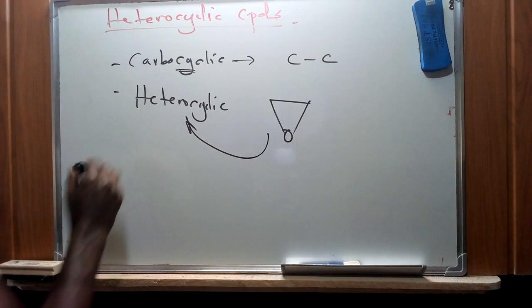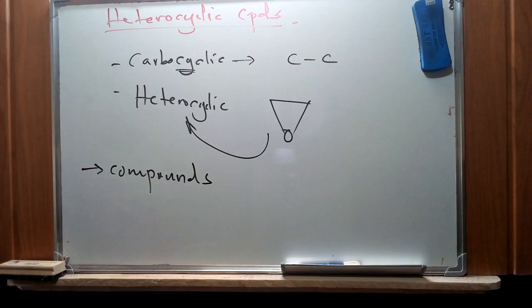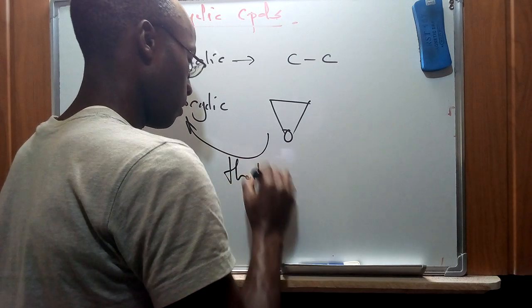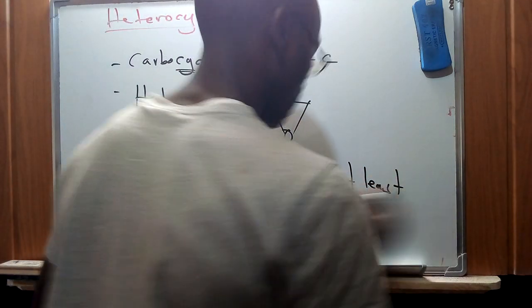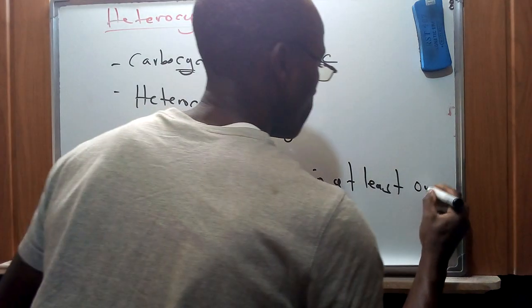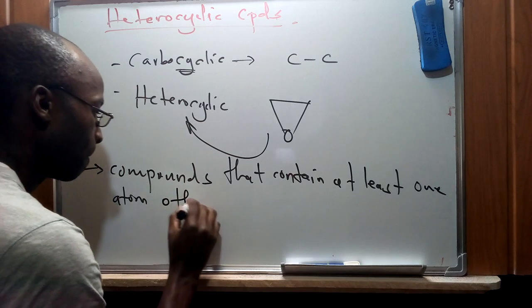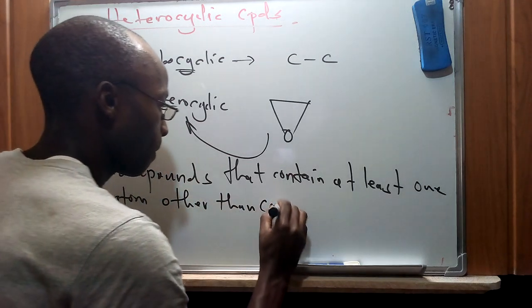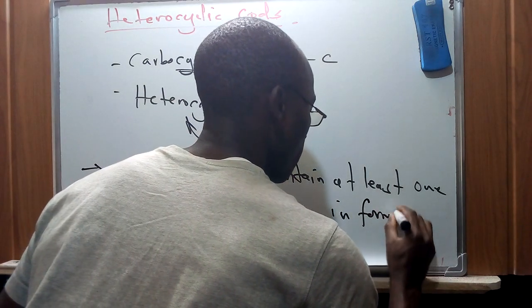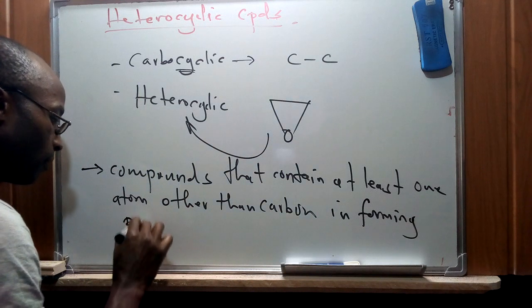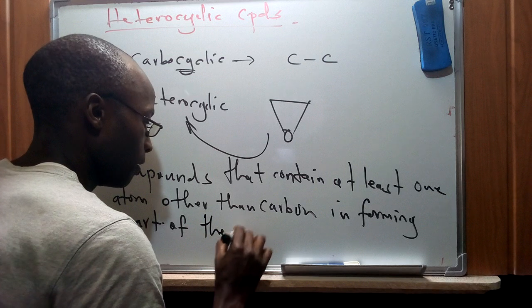So by definition, these are compounds that contain at least one atom other than carbon in forming part of the ring.